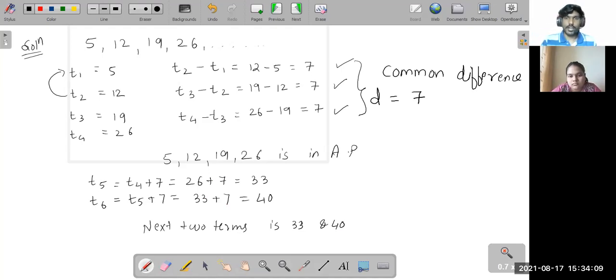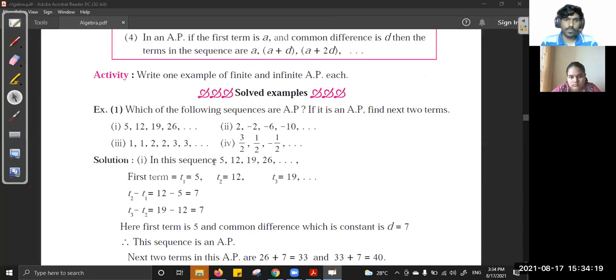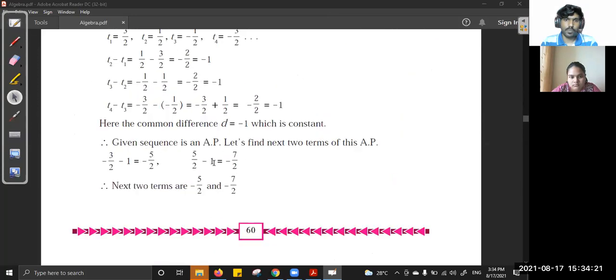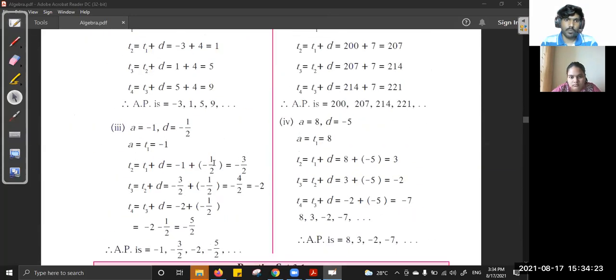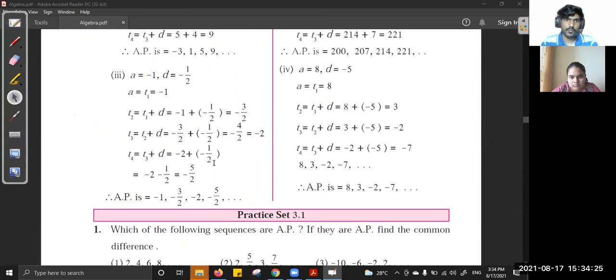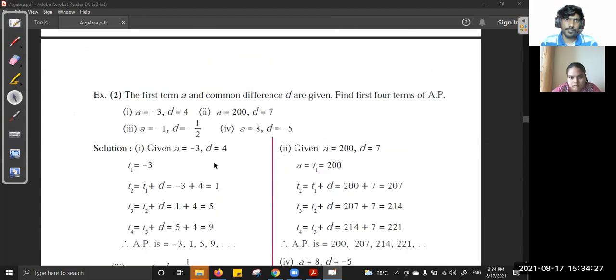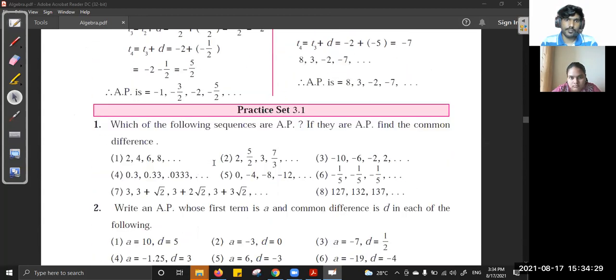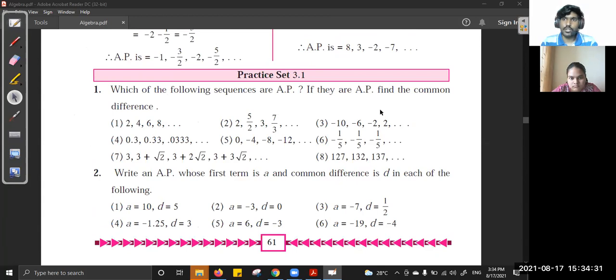Okay, now we'll do the practice set. So now you know how to check whether it is an AP or not, and how to find the next term in the AP. So let's start practice set 3.1.